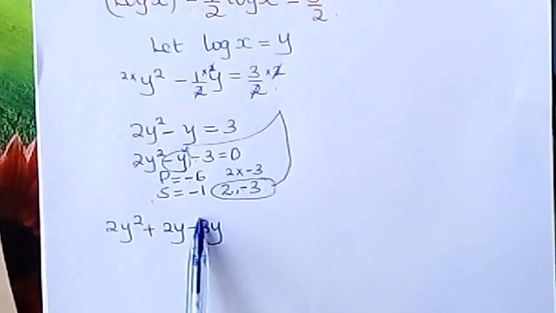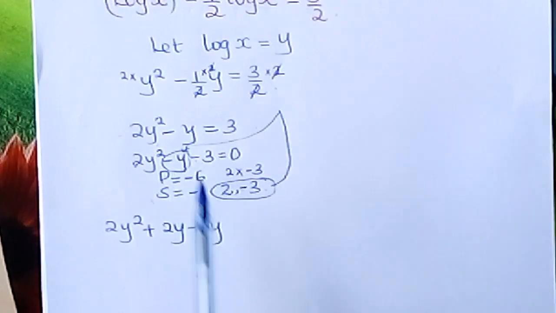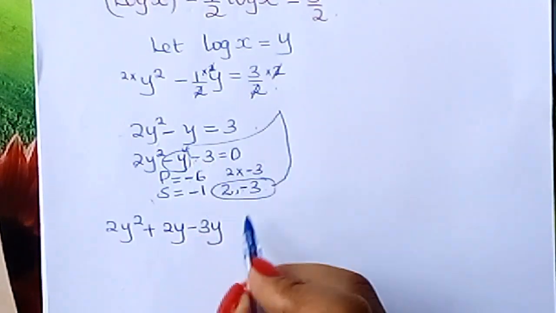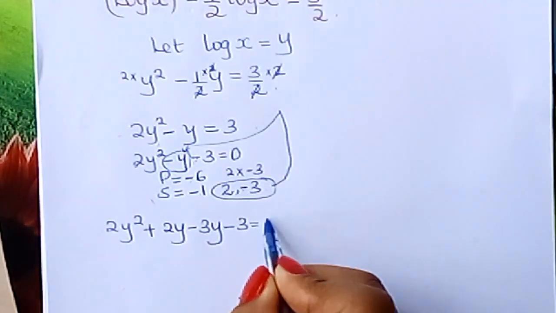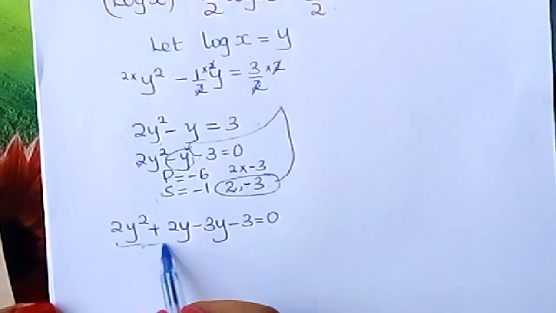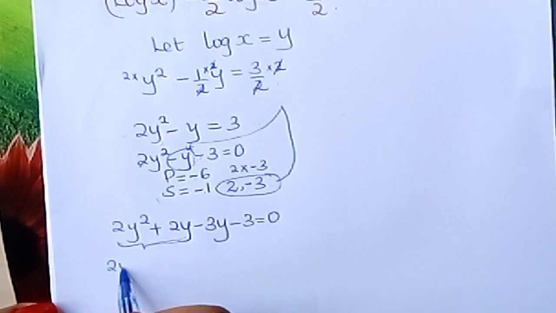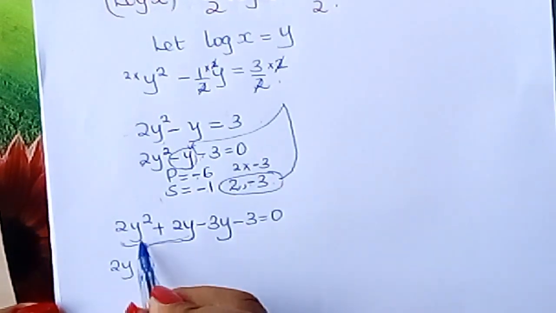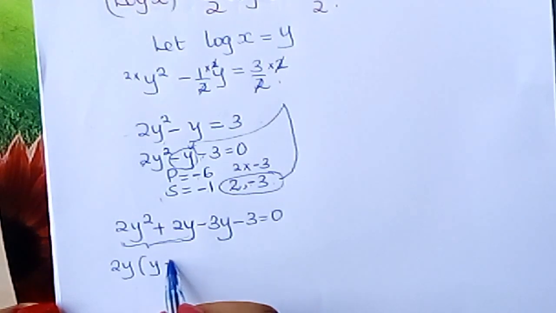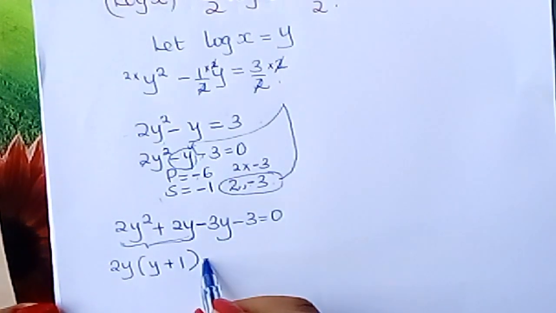You see, learner, 2y minus 3y gives you minus y. So you continue, minus 3 gives us 0. Then you factor out what is common in this first group. What is common is 2y, learner. You are left with y plus 1.